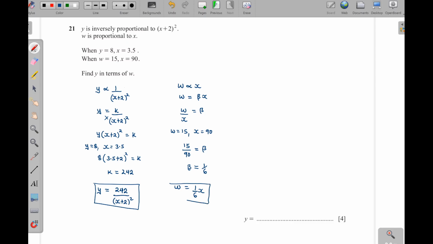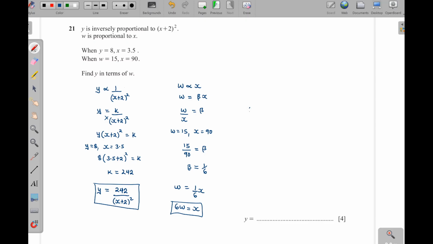So I have these two here. They said we find y in terms of w. So that means where there is x here, I should put a w. So what I'm going to do here is to say my x is going to be equal to 6w. Are we there?